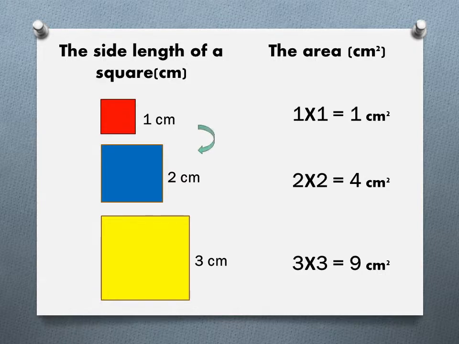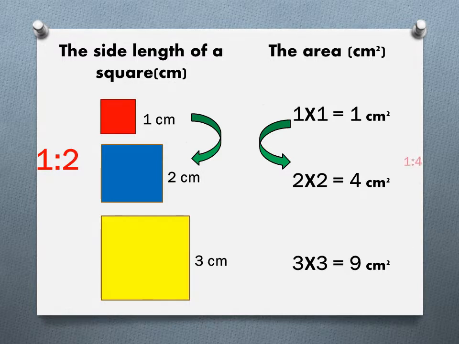We will compare the ratio between the length and the area. See, we will take the first two, 1 to 2. From the other side, what will come? 1 to 4.